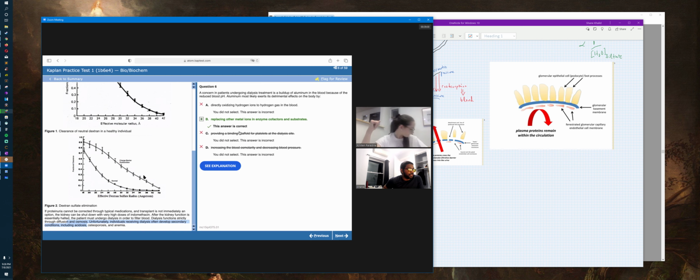And then anemia is essentially blood cells which don't have that iron component.